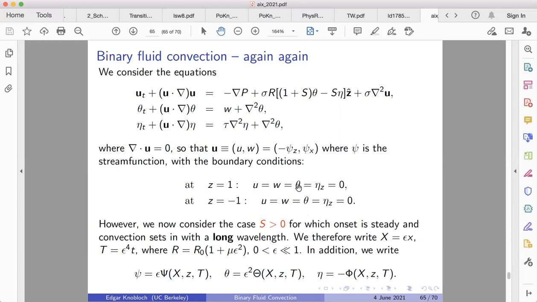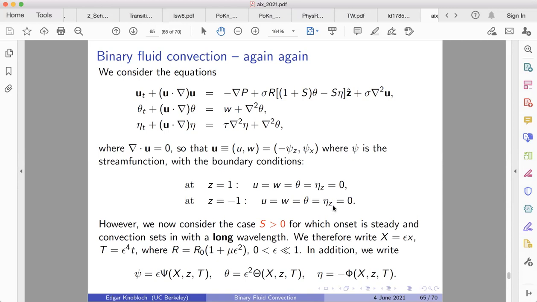Temperature is going to be fixed at top and bottom. But the important thing is that I have these zero mass flux boundary conditions on top and bottom. That makes this problem look much like the problem of standard Bénard convection, but with insulating boundaries at top and bottom.